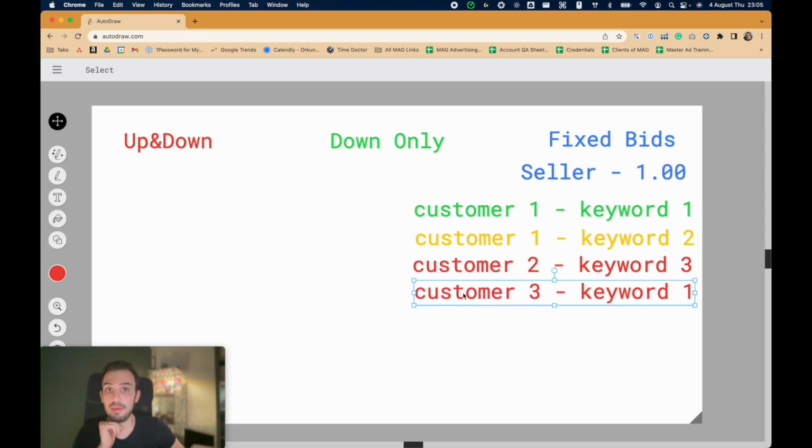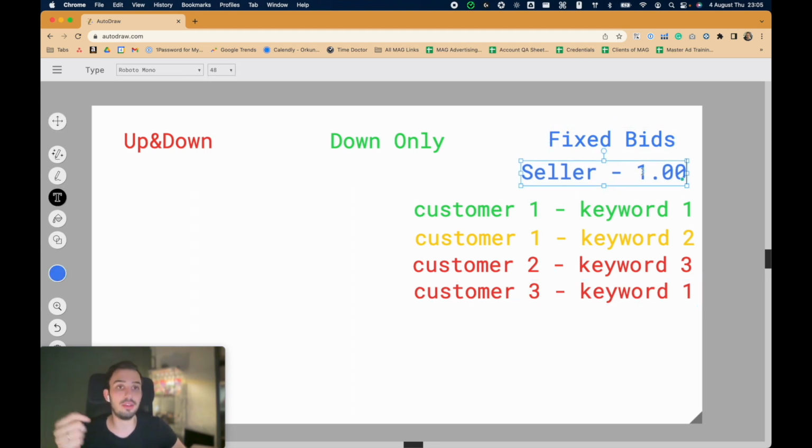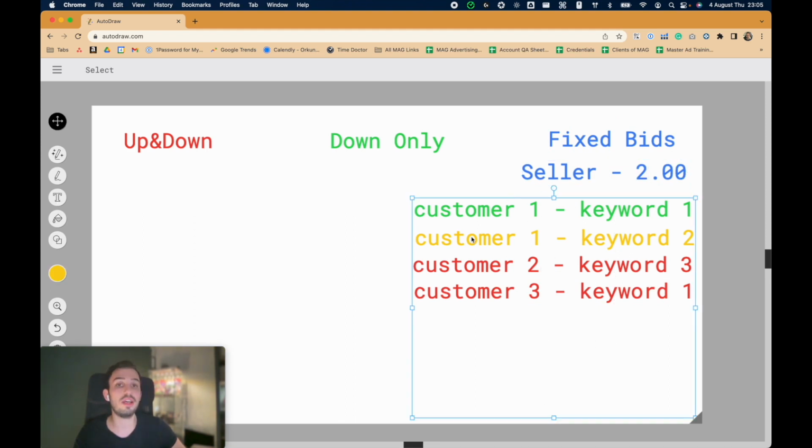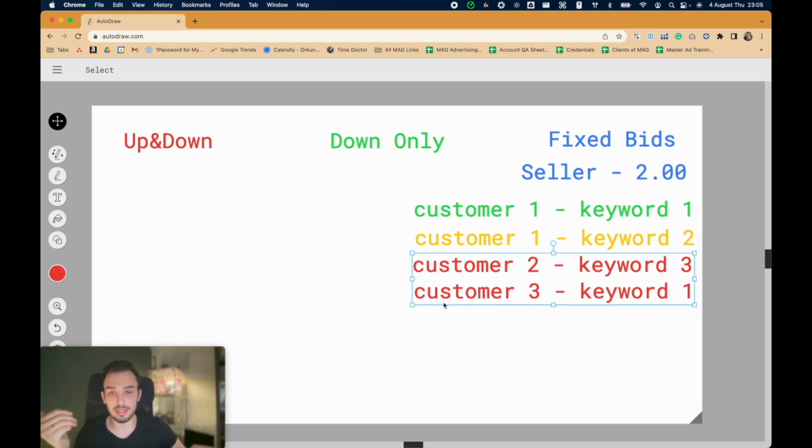Maybe the Amazon algorithm really knows that this customer is not going to convert. But again, since this is a fixed bid, and let's say your bid is enough for the keywords for those auctions, Amazon will put you in those auctions and you will be visible. So your impressions will increase, your clicks will probably increase, and maybe you won't be converting just because those customers were not there to buy it.